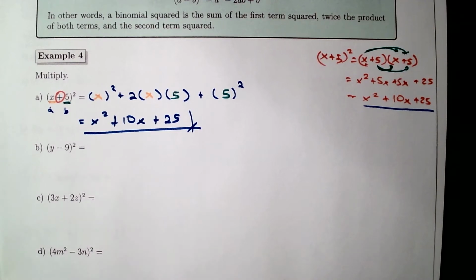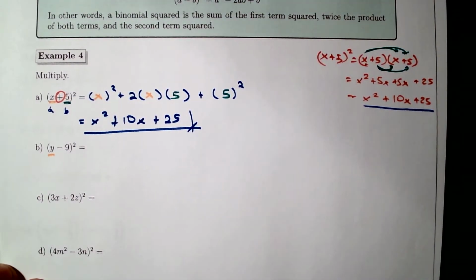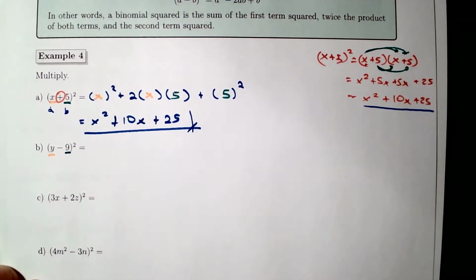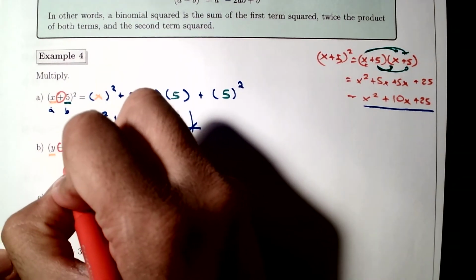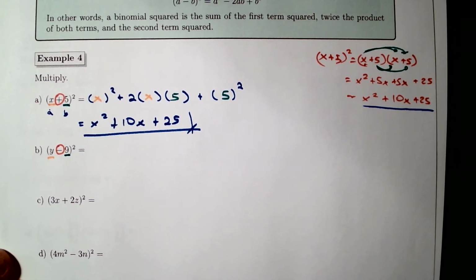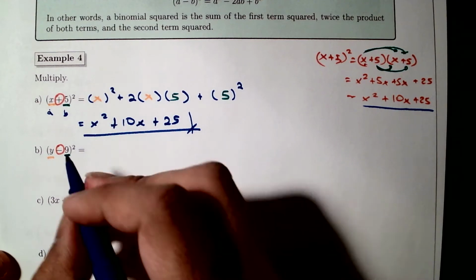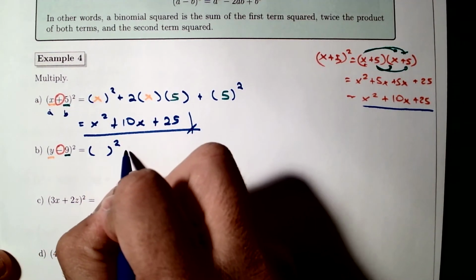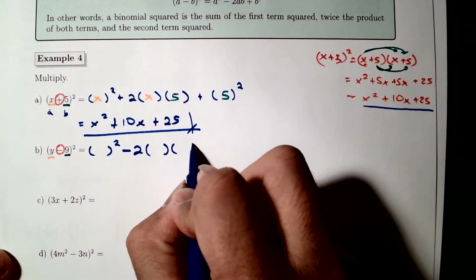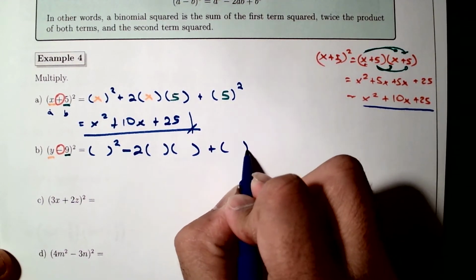So in this case, y minus 9, I'm going to highlight y with orange and 9 with green. Then I'm going to circle the negative sign. So in this case, I'm going to have the following: quantity squared minus, in this case, 2 times quantity plus quantity squared.